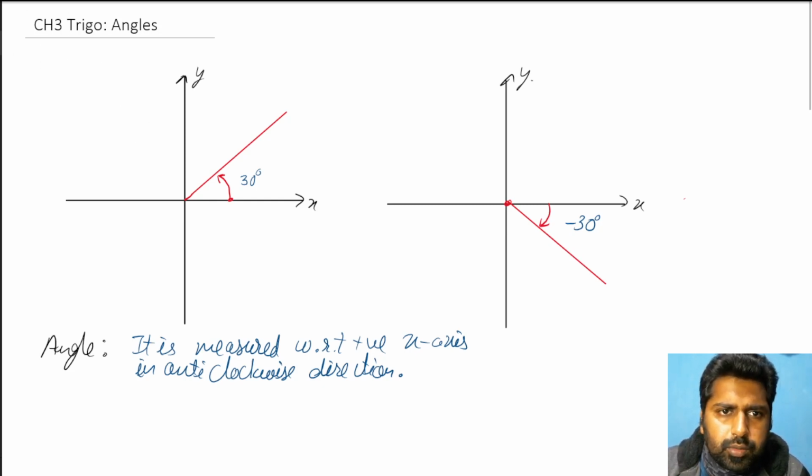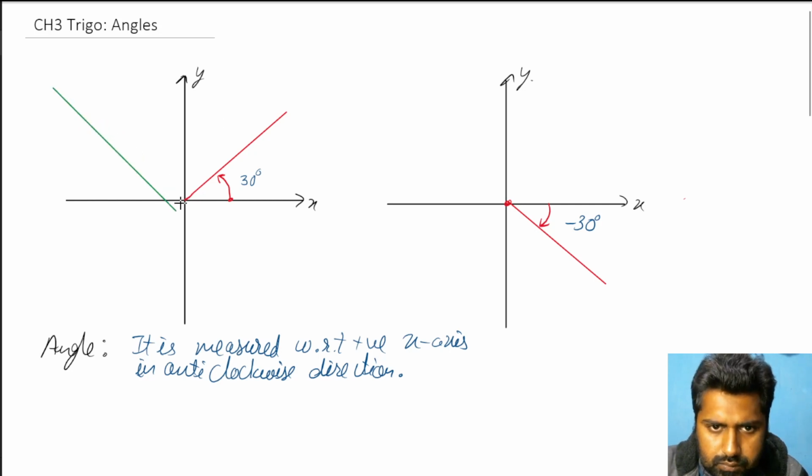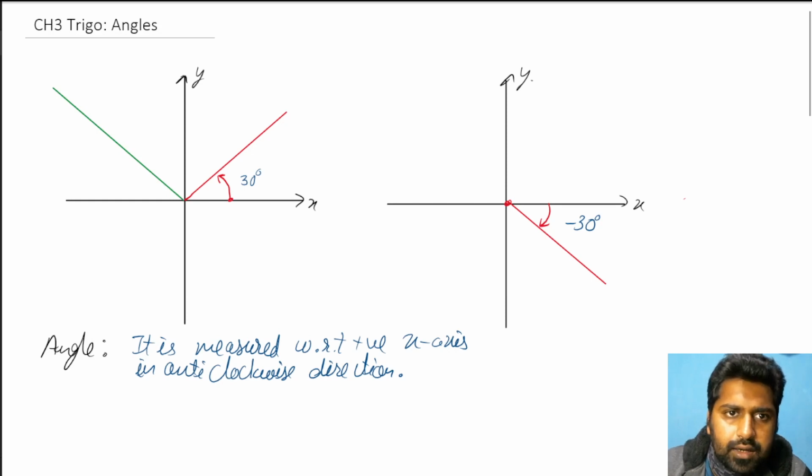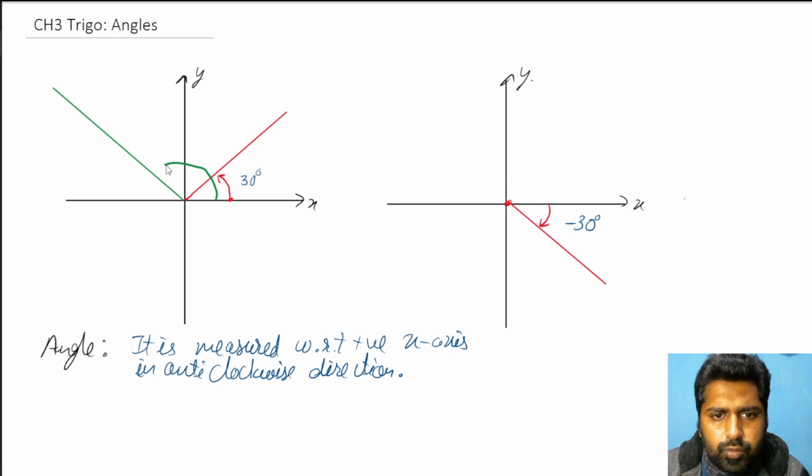Let me take one more angle. Let's say I take an angle here in the second quadrant. Now for that, again, remember that if we are measuring a positive angle, we have to move anti-clockwise. Let's say this angle is 120 degree. I'm suggesting the angle hypothetically, I'm not measuring it.